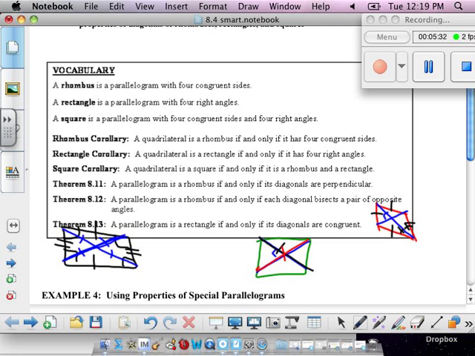Sabrina is going to do 8.12. And I'm going to give 8.13 to Justin. Okay. All right. Good vocab words.